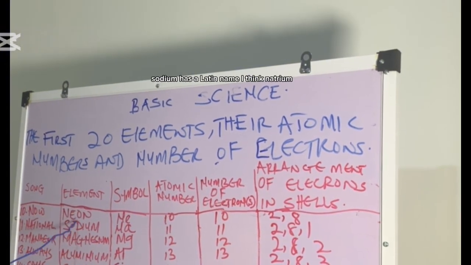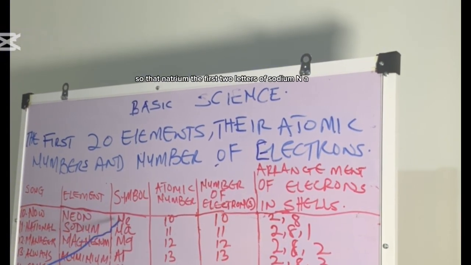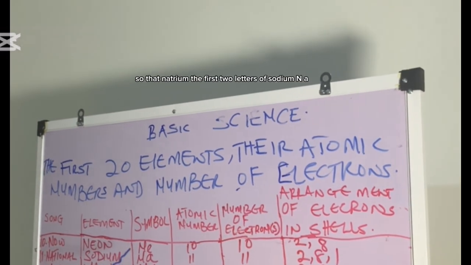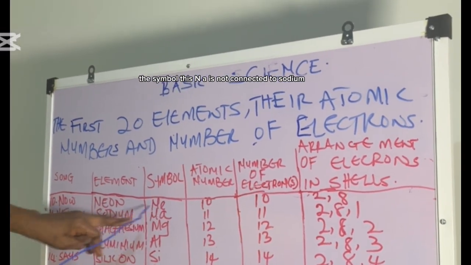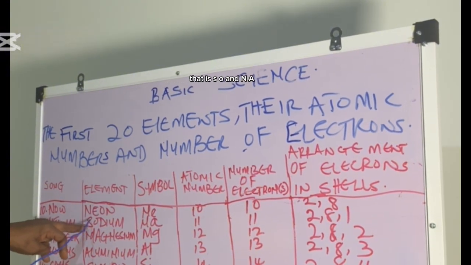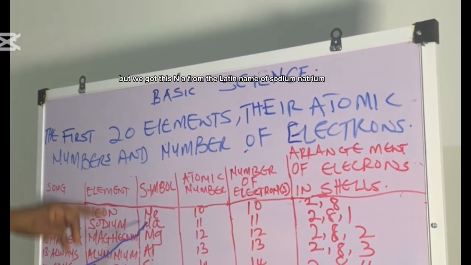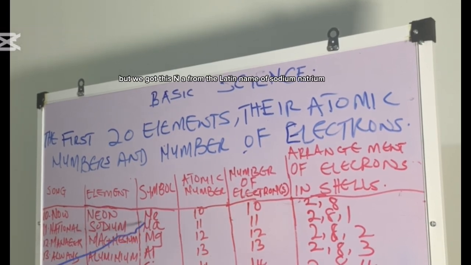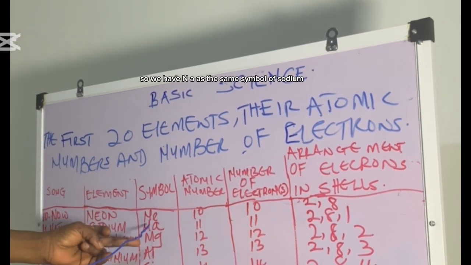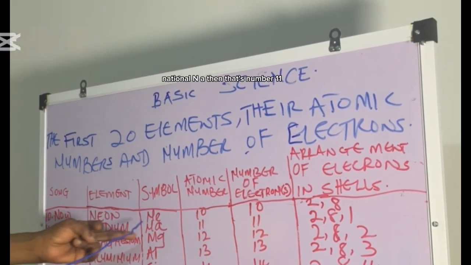Sodium has a Latin name, I think natron. So that natron, the first 2 letters of sodium, Na, the symbol, this Na is not connected to sodium, that is SO and Na, they are not the same, but we got this Na from the Latin name of sodium, natron. So we have Na as the same symbol of sodium, national, Na.